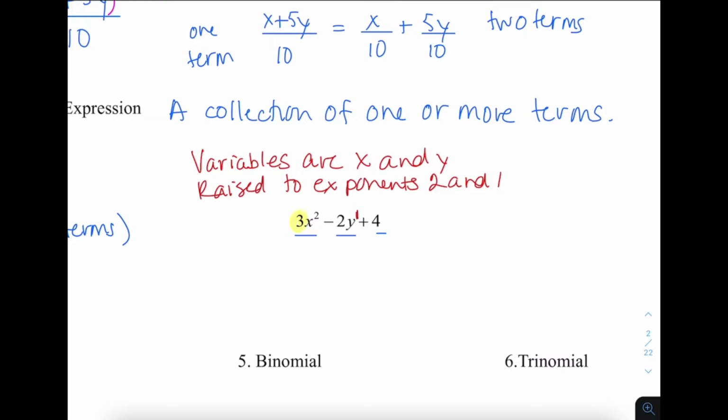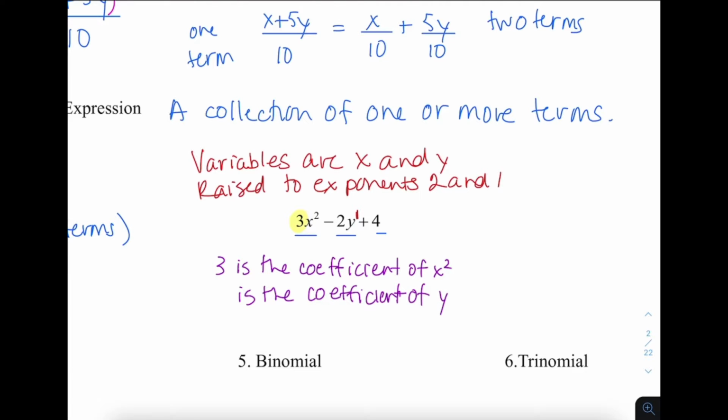So the number 3 is what we call a coefficient. It means it goes before and it multiplies the variable x. If I asked you what the coefficient of y is in this case, the answer to that is actually not 2, but -2.